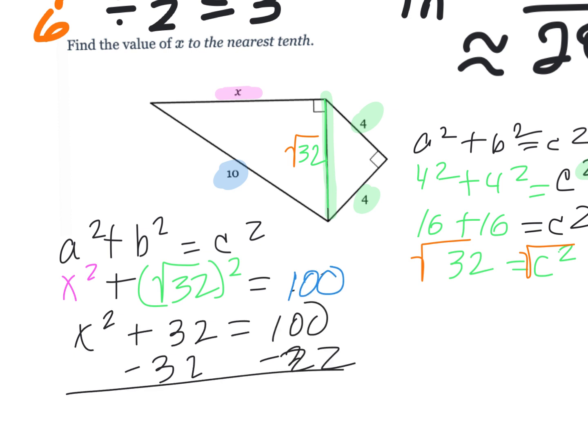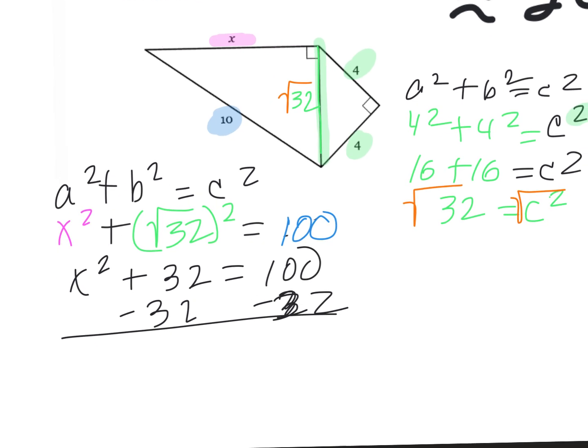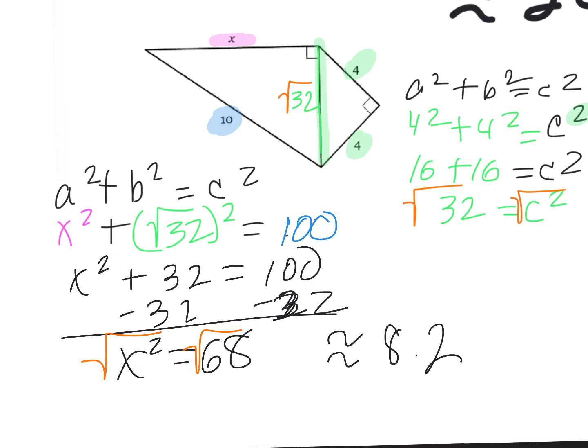I'm doing this part pretty quickly because I know you guys know what to do. 68. Oh, that's x squared, my bad. And you can just plop that into the calculator. Radical 68 ends up being roughly 8.2, if I'm not mistaken. And there are no units here because it doesn't give you any.